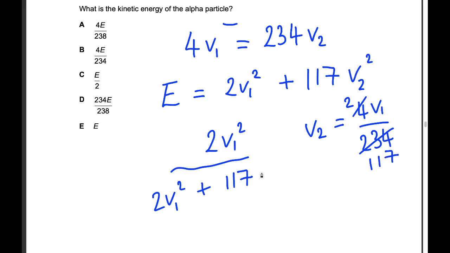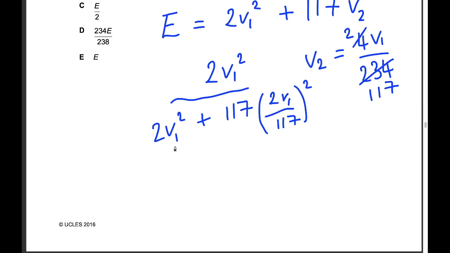So I'm going to end up here with, this should have been a v2 squared, and v2 is now 2v1 over 117. So it's going to be 2v1 over 117 squared. Okay, so now you can see that I actually have a v1 squared on the top and on each term in the bottom. So I end up with 2 over 2 plus 117 times 4 over 117 squared.